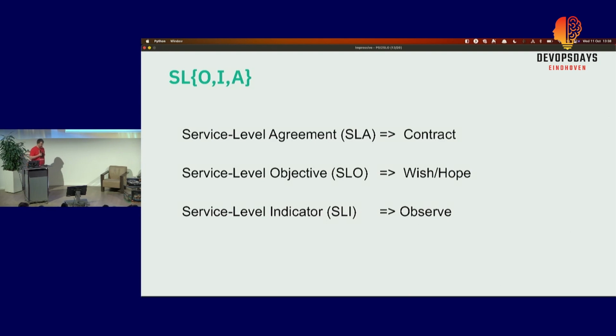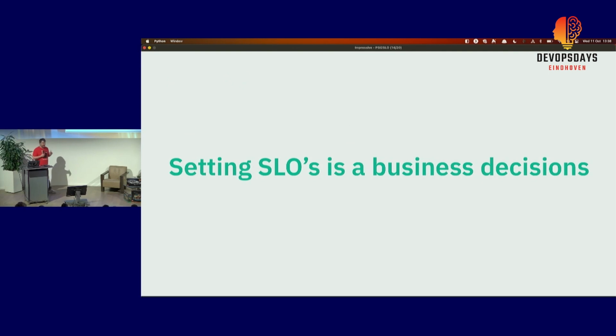So SLAs, it's the contract you have with users. Sometimes it's implied, sometimes it's actual, a contract that means if you do not perform, you lose money. SLOs are the wishes, so the technical implementation of it, and with enough space for failure. Right? Your SLOs, what your internal aims are, should be better than your SLAs.